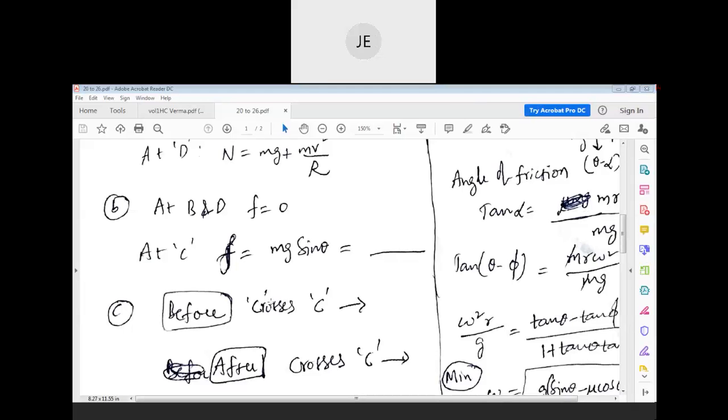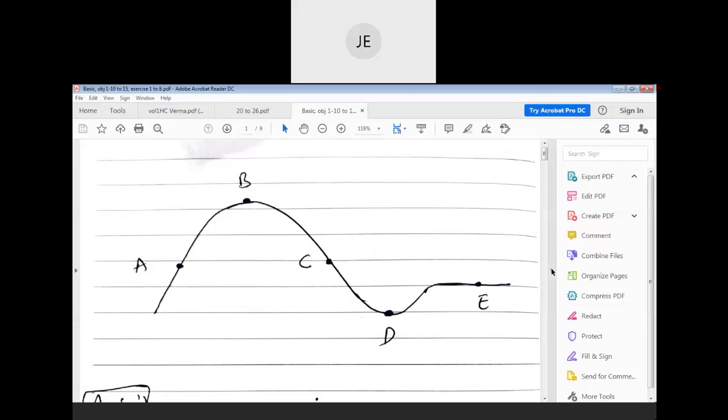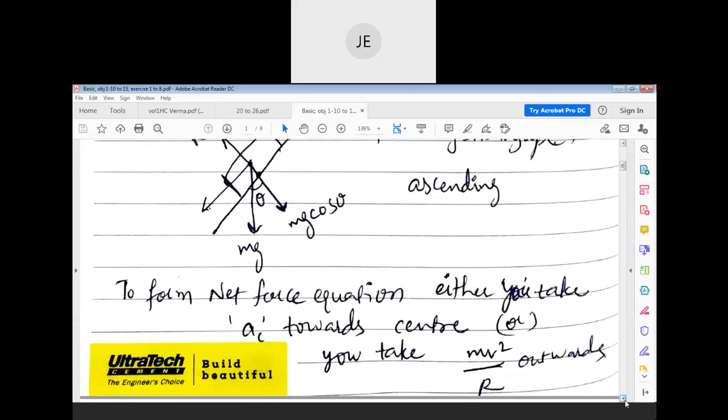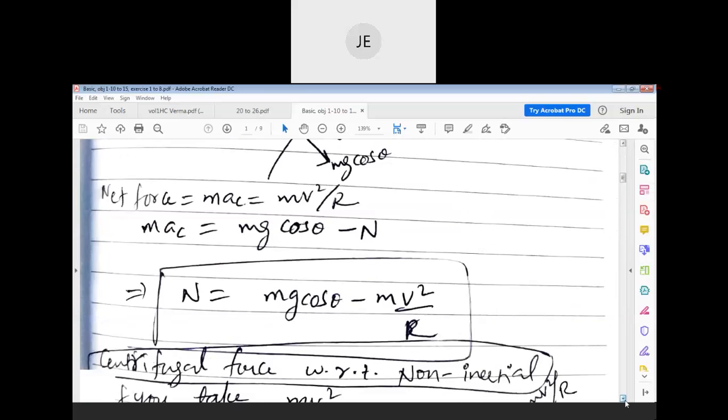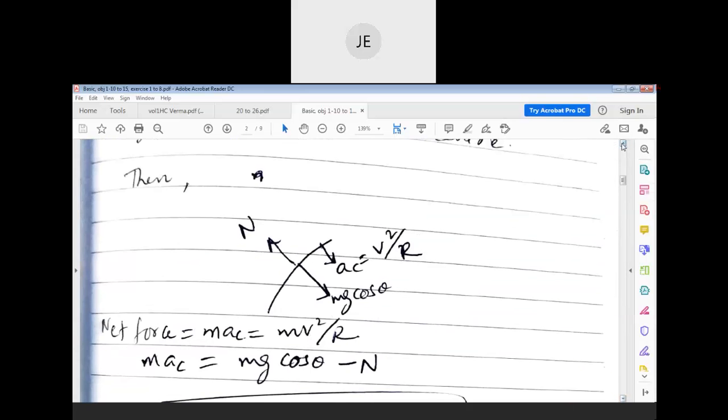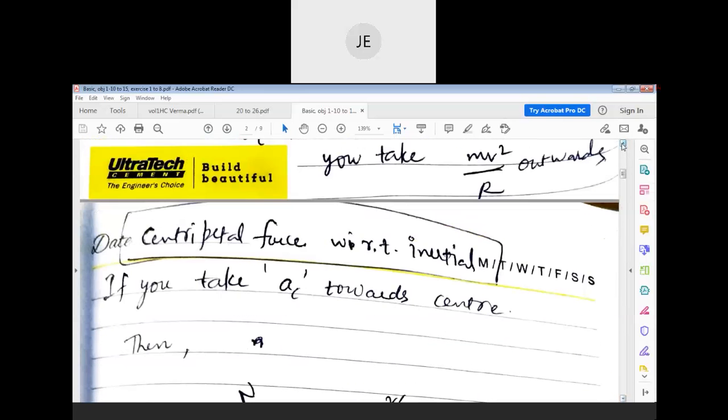N formula, mg cos theta plus mv square by r. Then after crossing C, actually we have already solved this question. And it is moving upwards.